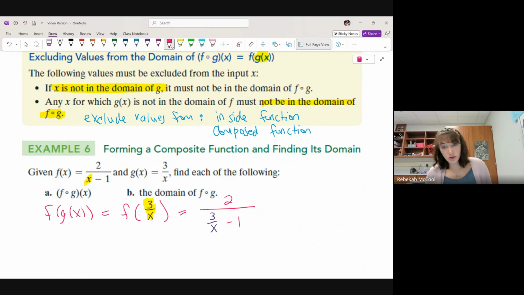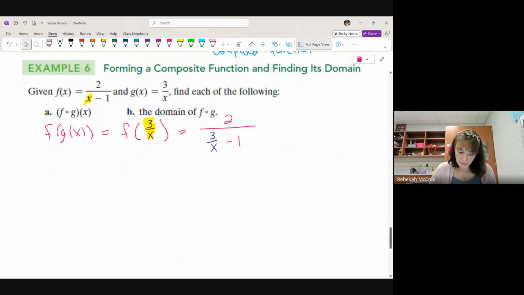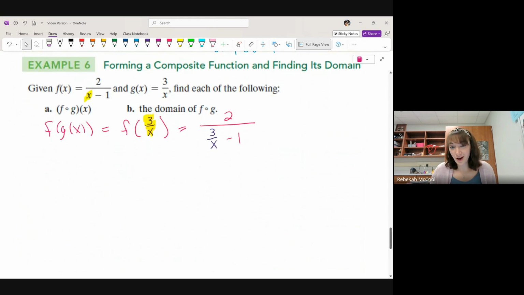So if we want to simplify this, we've got a fraction in the denominator. Hopefully we recognize we've seen this type of thing before. We're going to need to actually subtract those to simplify, right? I've only got one fraction, so when I do my common denominator, that's the only denominator. So my 3 over x is going to stay put.